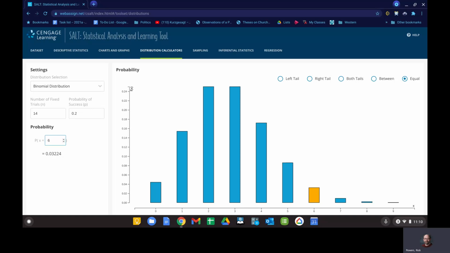Now, there's all kinds of issues which we don't have time to deal with, but at least right now, what we can do is say, if I know the percent chance of this happening, and I have a collection of people, the binomial distribution will tell me the probabilities of having success for all these 14 people, and then I can figure out what's the most likely thing to happen and what are things that I would consider unusual, which would be either higher or lower.